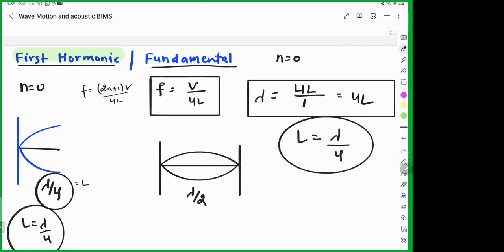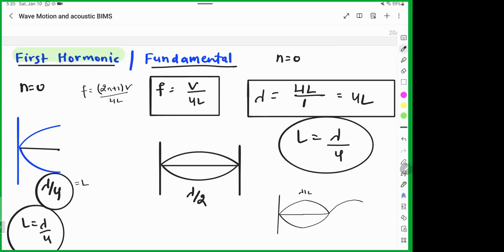Your length will be equal to lambda by 4. Yes or no, guys? Exactly same thing applied here. So lambda value will be 4l. It means if this region is lambda by 4, then this will also be lambda by 4. Total will be lambda by 2.